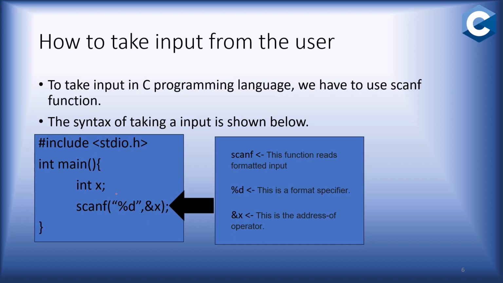Remember, the ampersand operator is essential when using scanf because it tells the function where to store the input data. Without it, the input would be lost and not accessible to our program. I hope this explanation clarifies the concept of the ampersand operator and its use with scanf in C programming.